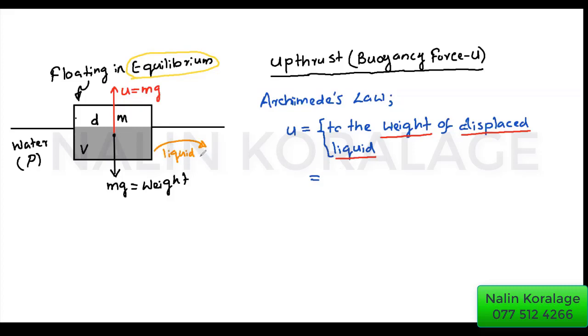That liquid volume V has some mass. Let's say that mass is capital M. Simple m is the mass of the object, the body. Capital M is the mass of the liquid volume displaced.